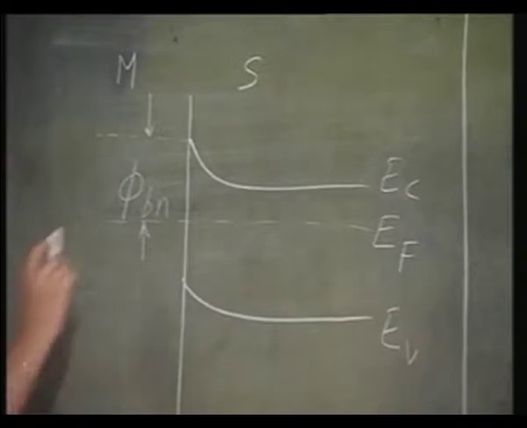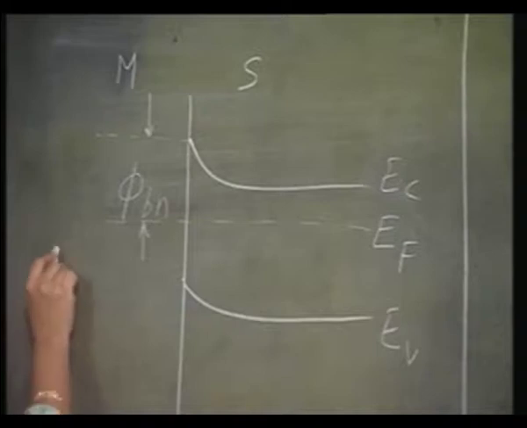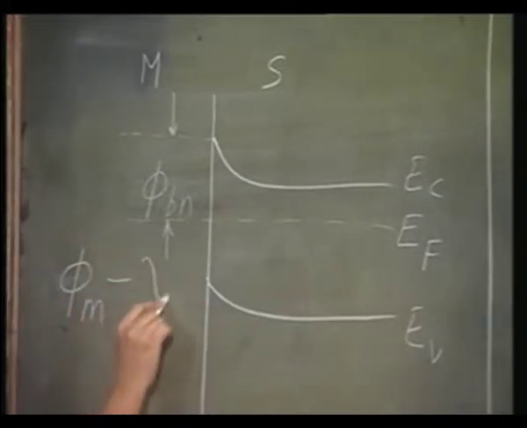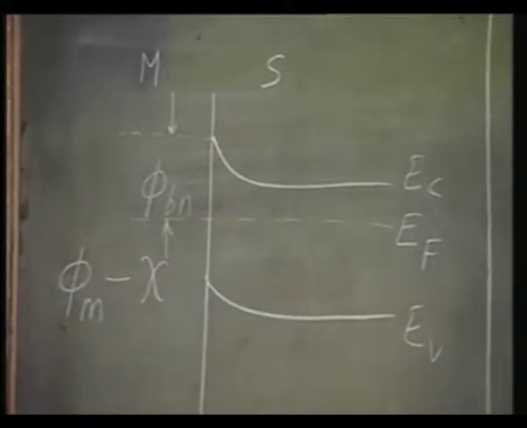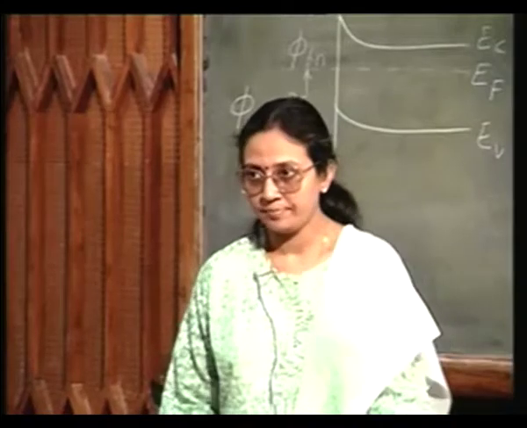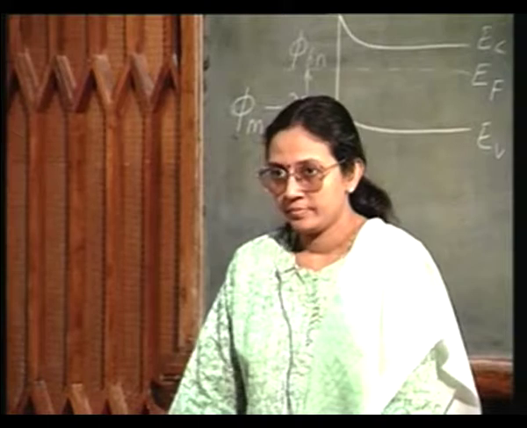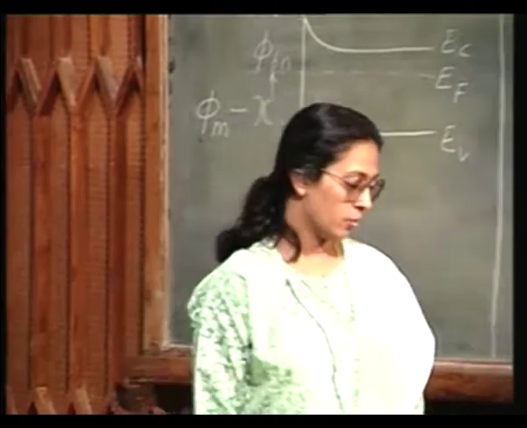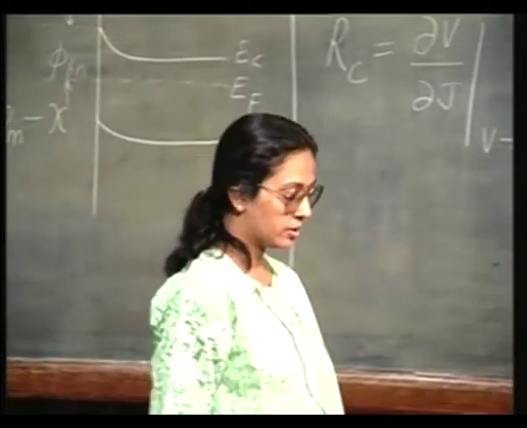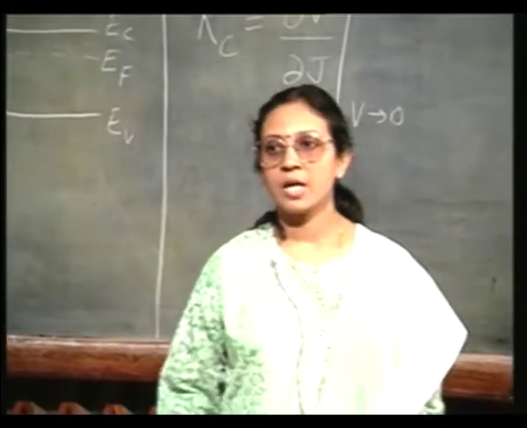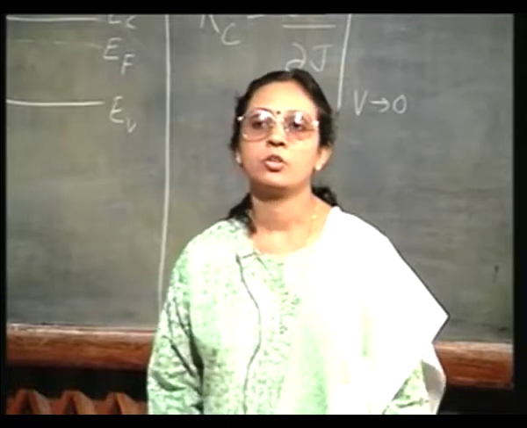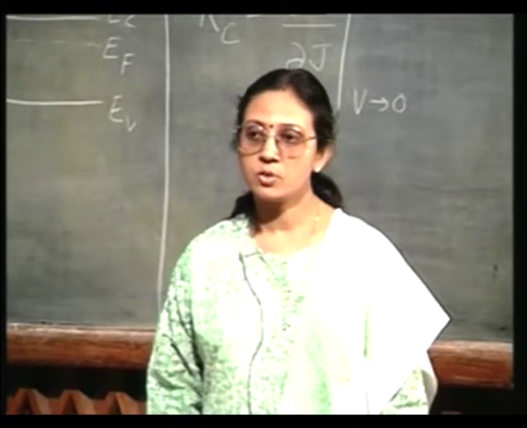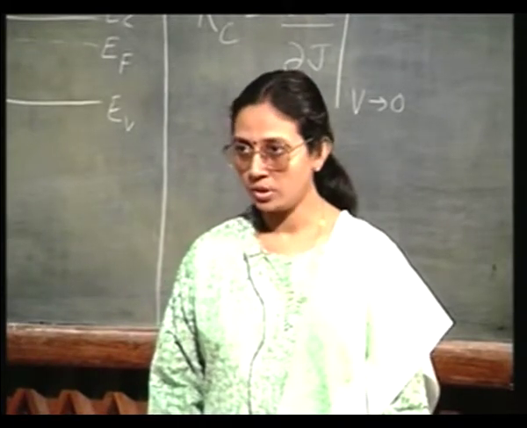And you also know that ideally this barrier height will be given by the metal work function phi m minus the electron affinity of the semiconductor, that is chi. So, in general, particularly when the semiconductor is moderately doped, and if I put a metal on top of the semiconductor, this is what the band structure is going to look like.